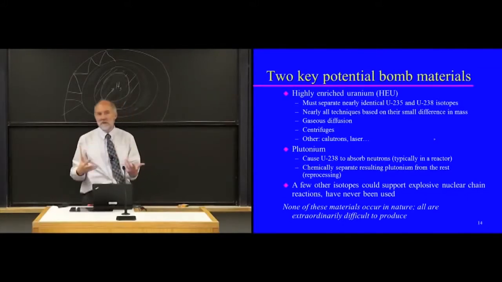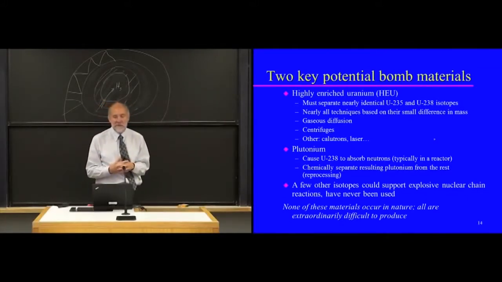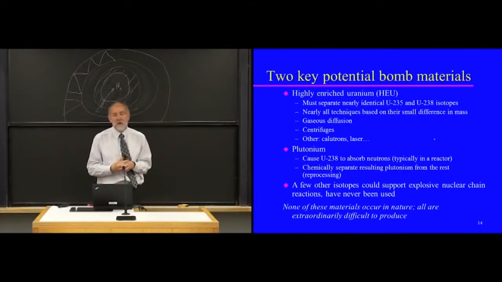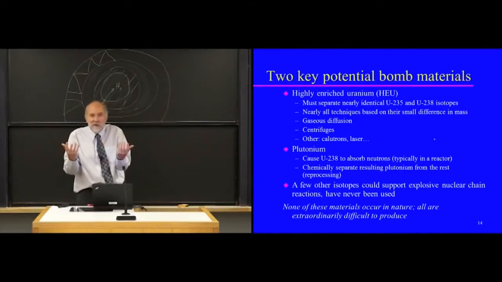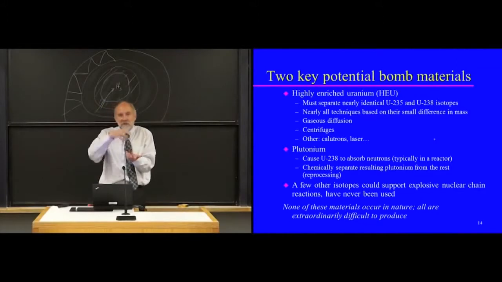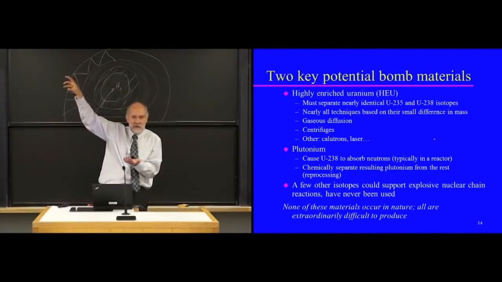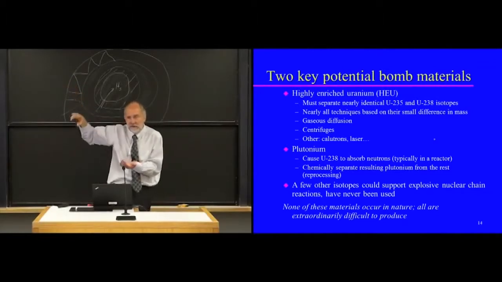Uranium-238 is almost useless for fission. It will split under certain circumstances, but it can't sustain a fission chain reaction. So you got to separate those. You got to figure out, how do I get from 0.7% up to very high concentrations of uranium-235?